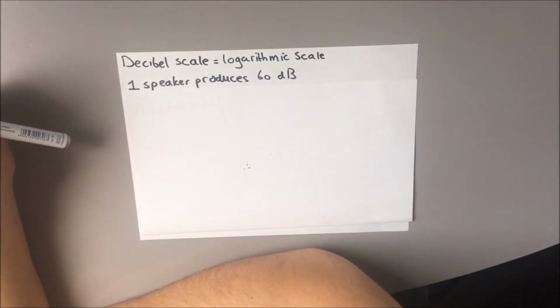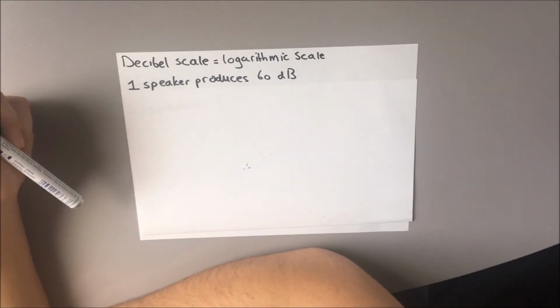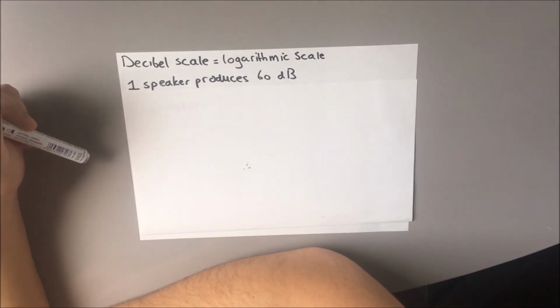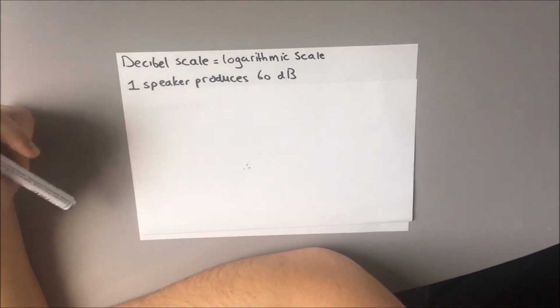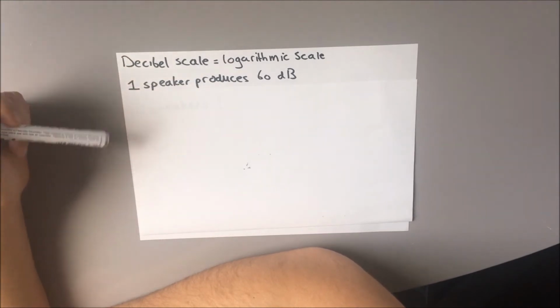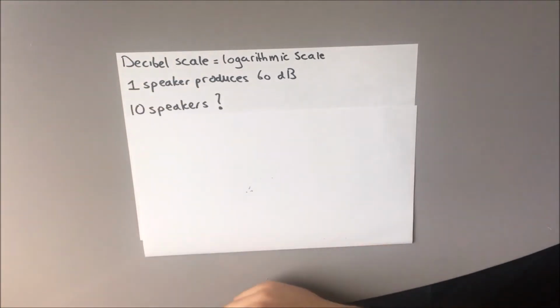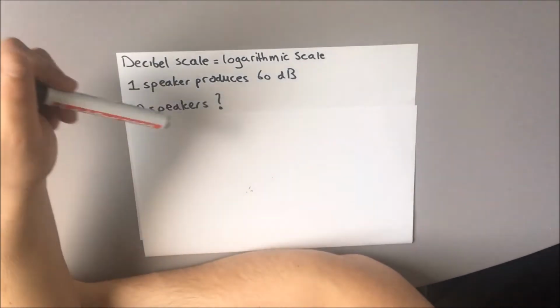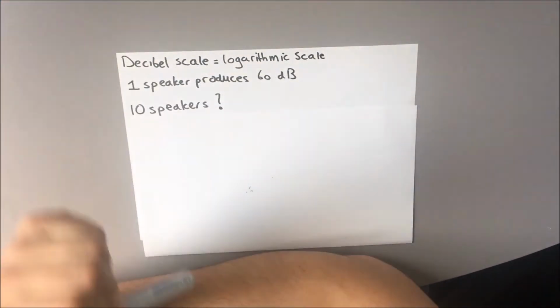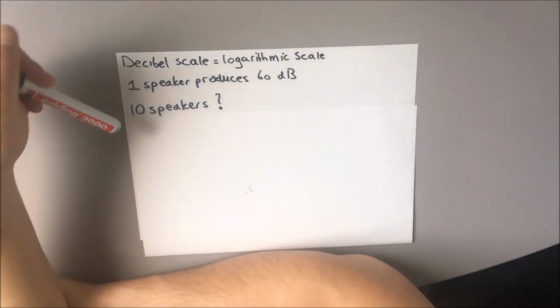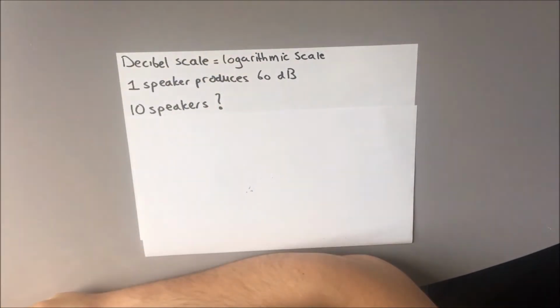It's loud enough for you to hear the music by yourself, but say the next night you have a party and there are a lot more people in the room, you would think, okay, I need a couple more speakers. So we have 10 speakers. So my question to you is, if one speaker produces 60 decibels, how many decibels do 10 speakers produce?